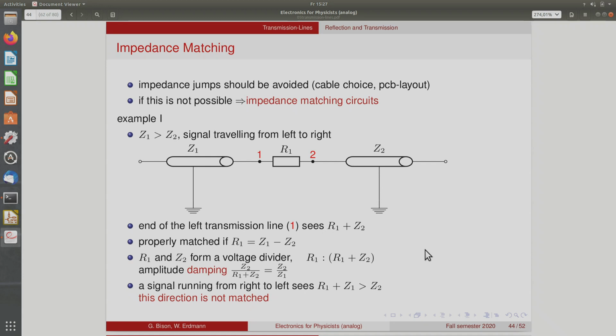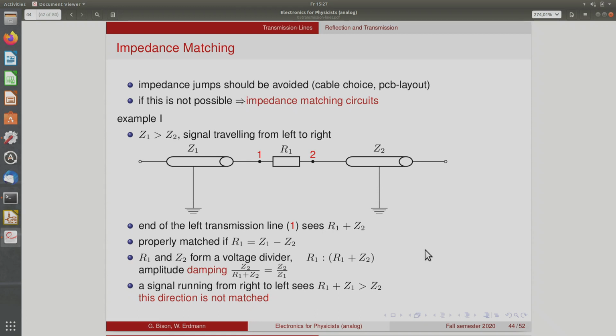That's an important job of the designers, to make sure that along a transmission chain that typically goes through several steps, cables, PCBs, other cables, the characteristic impedance of the transmission lines doesn't change. It's always the same. But sometimes it's not possible, and then you have to do something.